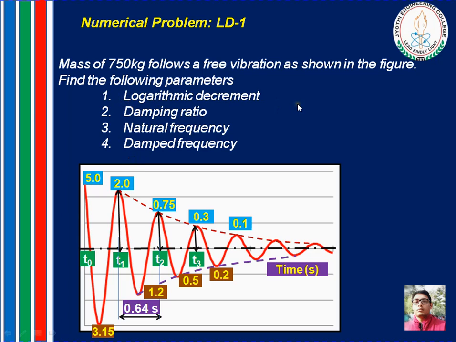First of all, logarithmic decrement is log x0 by x1 or x1 by x2, like that, or we can take a multiple oscillation amplitude. So we are taking 2 and 3 because initially there will be some disturbance, and in the end the values will be very small. So we are taking the middle portion to get a standard value or a perfect answer for this particular problem.